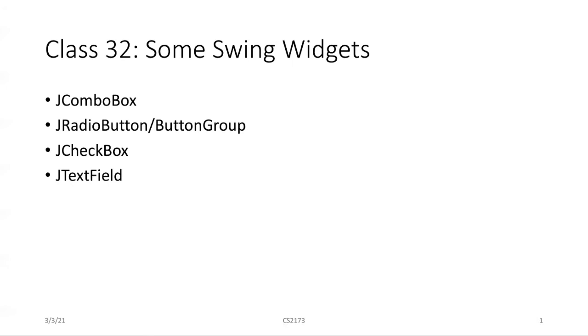However, there are some others. We're going to see an example of something called a focus listener with the text field. It's not currently in the program that I have, and we'll put it in. A second type of listener is a mouse listener, and maybe tomorrow we'll take a look at that.